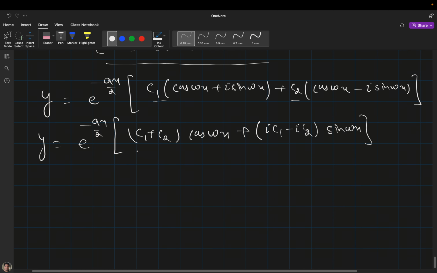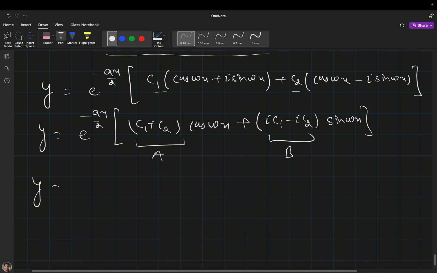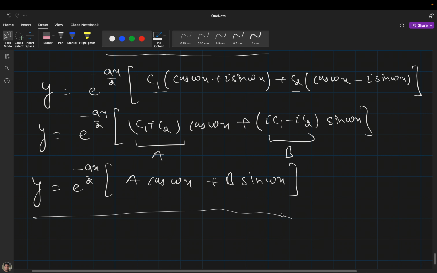Okay, now I will take this as capital A, this as capital B, because these two are constants. So we will get e raised to the power minus ax by 2 times (A cos omega x plus B sin omega x). So this is the solution when roots are imaginary.